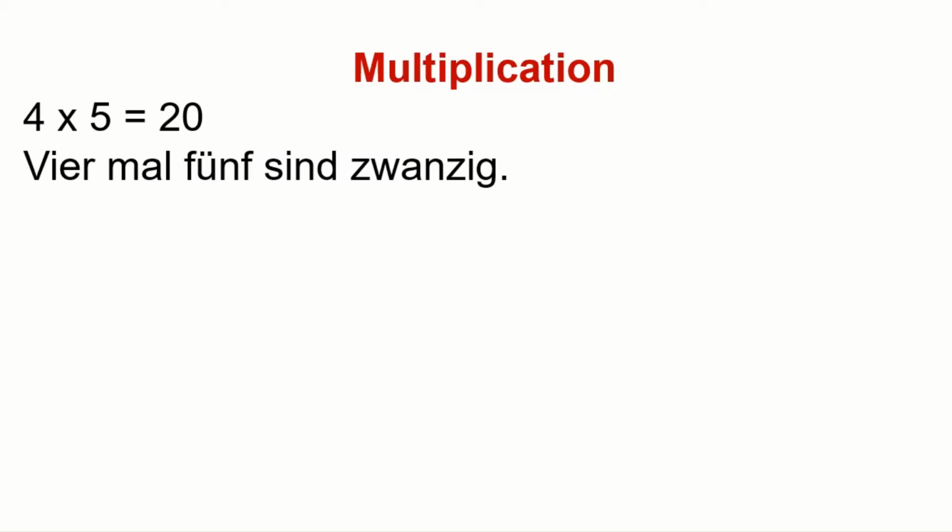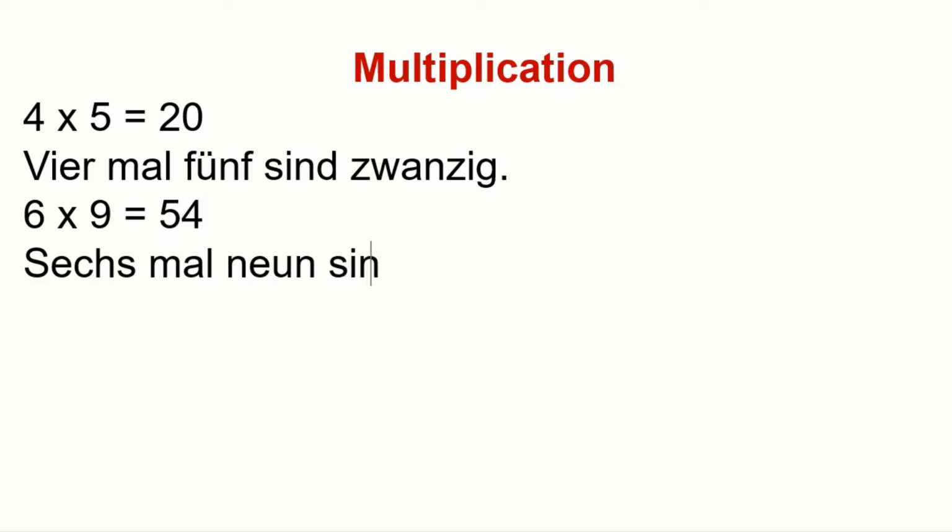Or, if we want to say 6 times 9 is 54. In German, it will sound like 6 mal 9 sind 54.